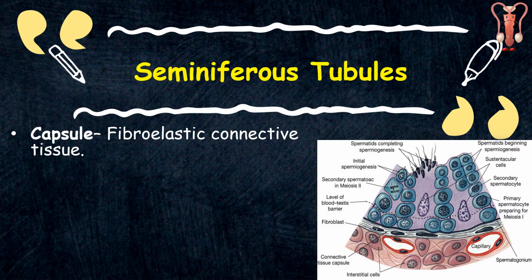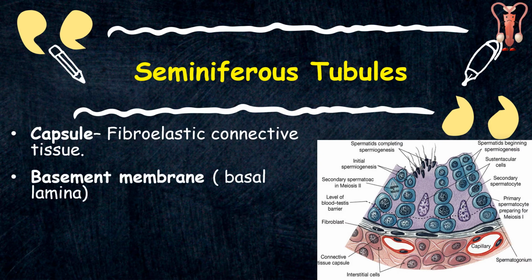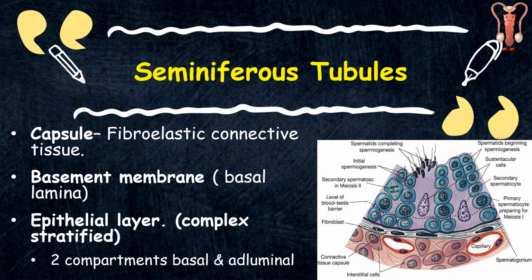The next one is the basement membrane or basal lamina. It is a thin homogeneous lamina which lies next to the outer capsule layer. And then the epithelial layer, a complex stratified epithelium.